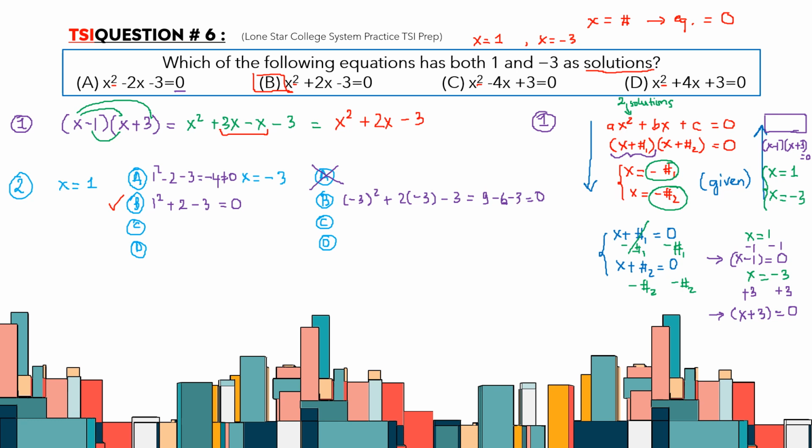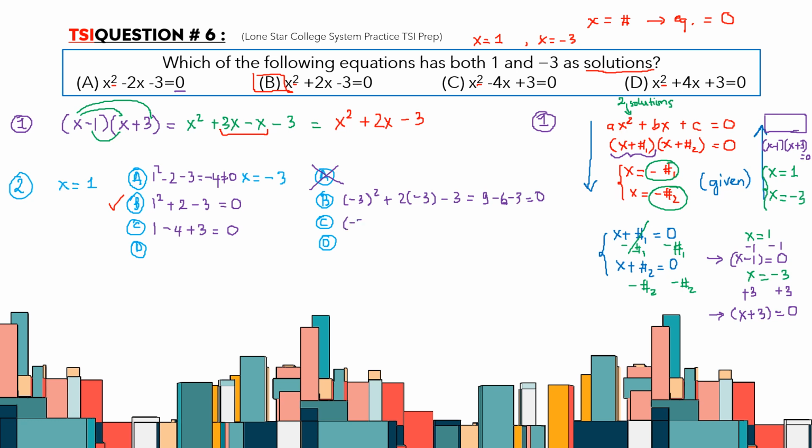So we're checking C. When x equals 1, we have 1 minus 4 plus 3 on the left hand side. 1 minus 4 is negative 3, plus 3 is 0. Now we check C when x equals negative 3.